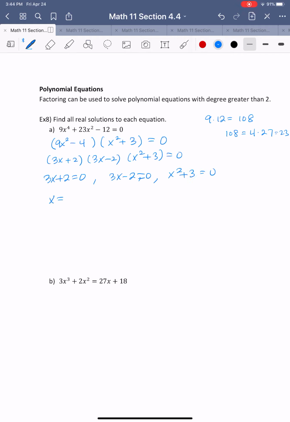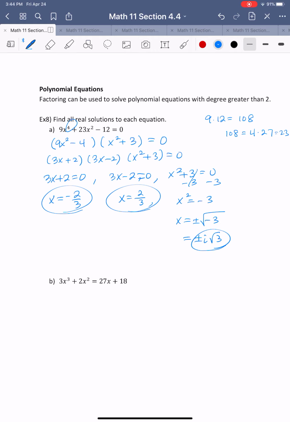So the first one is negative 2/3, the second is 2/3, and for the third, subtract 3 from both sides. It's not going to be real, because x squared is negative. But if you take the square root of negative 3, you get plus or minus i root 3, which gives us all 4 solutions from the degree of 4.